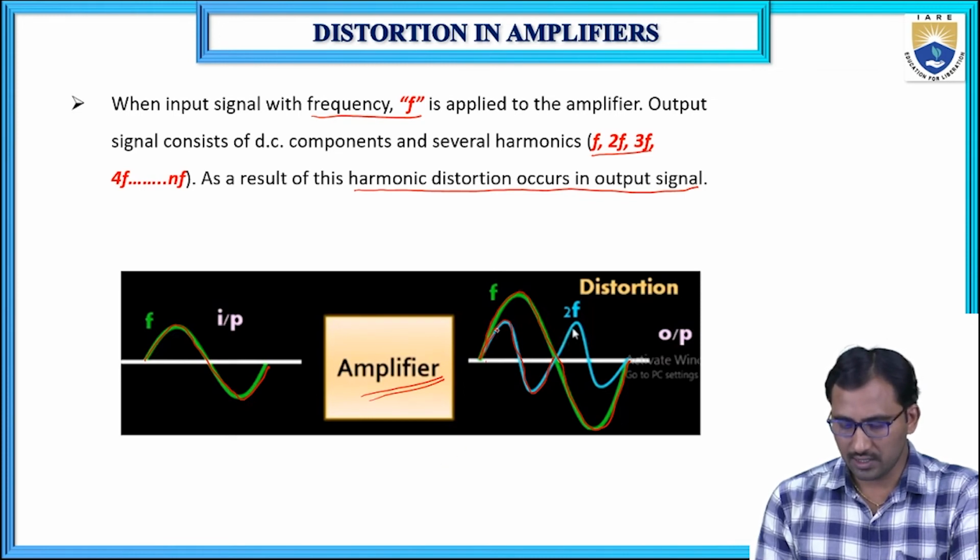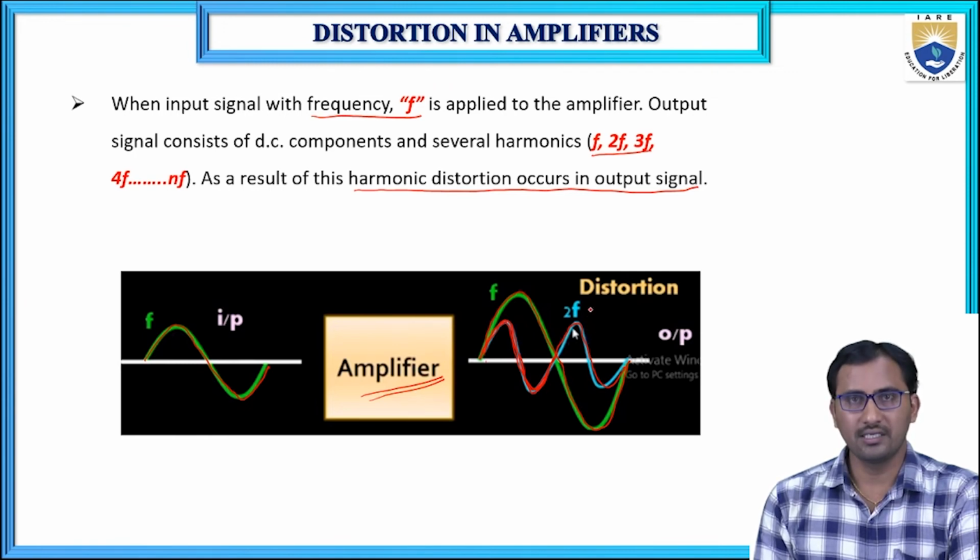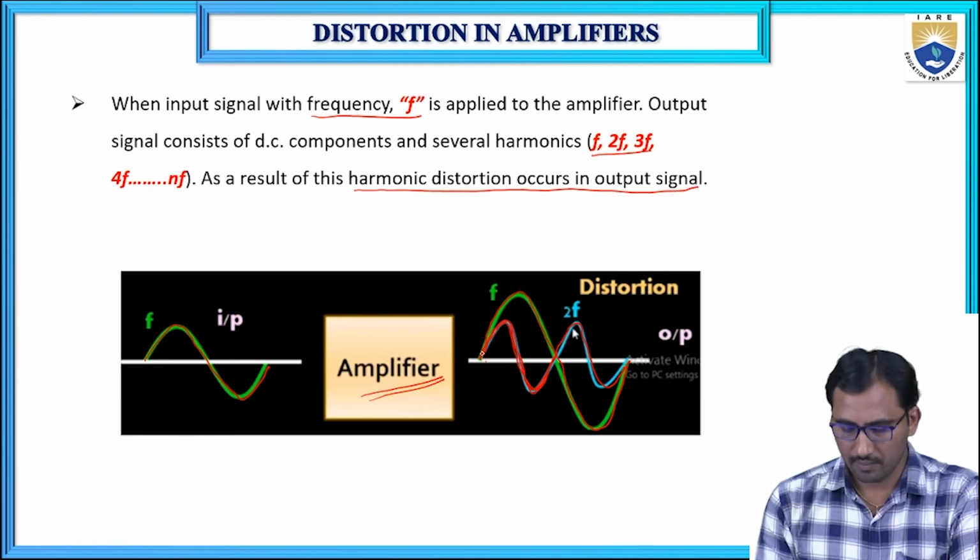The frequency of this harmonic is 2f, that means the time period will be T by 2. If the time period of the fundamental wave is T, then the time period of the second harmonic is T by 2. So the frequency of the second harmonic is 2f, and the frequency of the third harmonic will be like this.